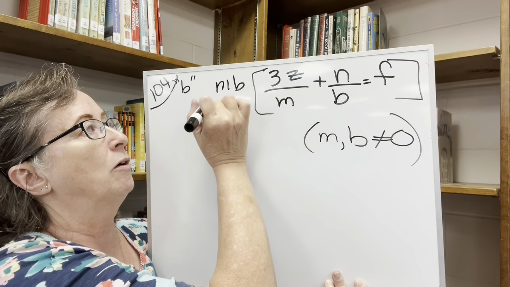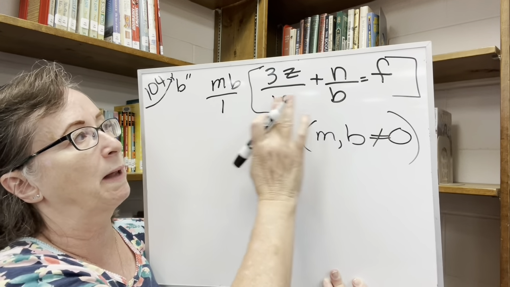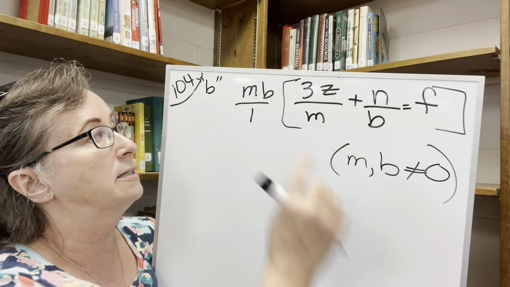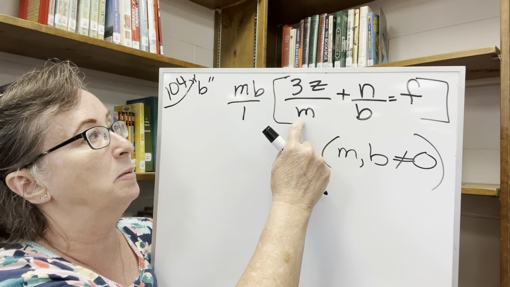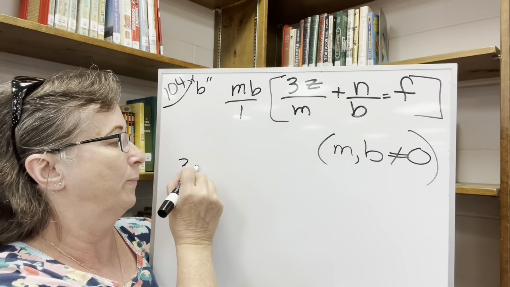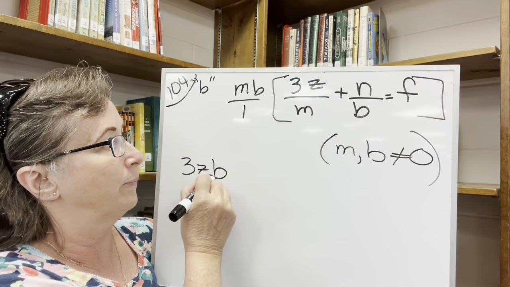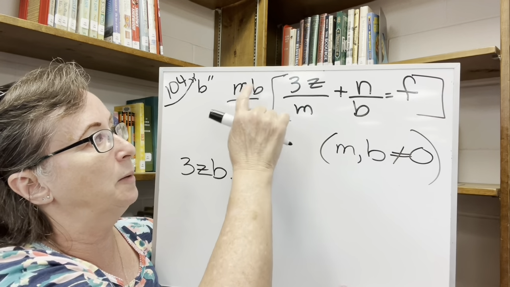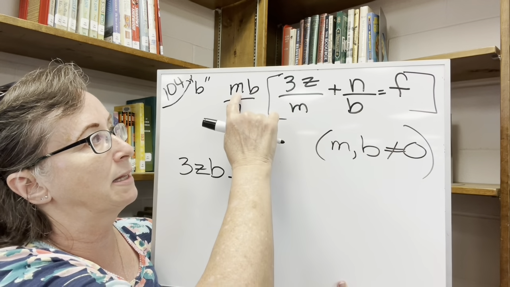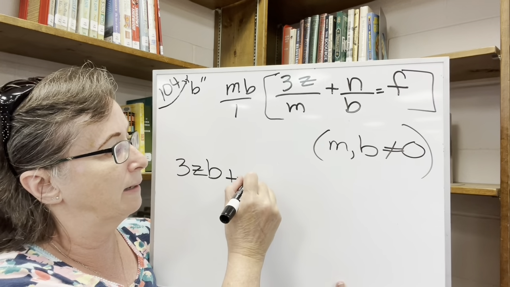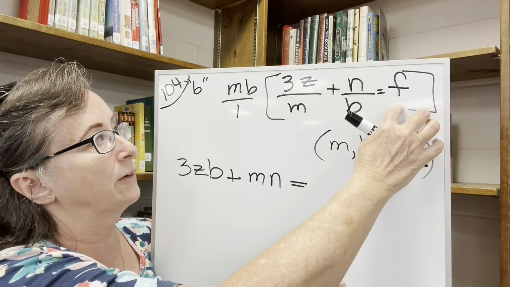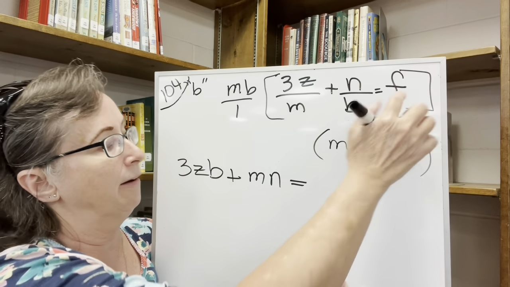So MB over 1 is going to be multiplied all the way across that equation. So M is going to cancel M, leaving me with a 3ZB plus MB is going to cancel the B and leave me with an MN equals, now there's nothing to cancel over here, so it's just going to be MBF.